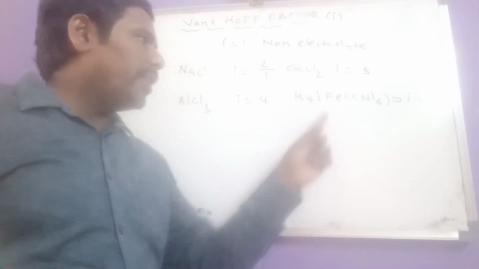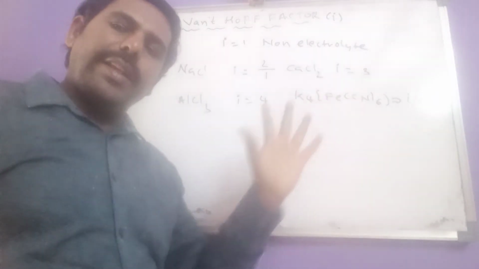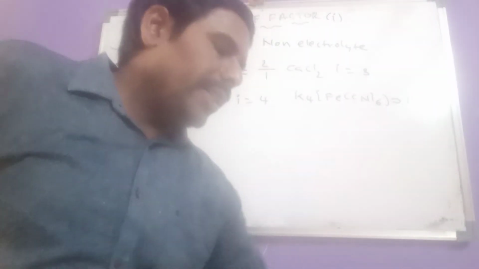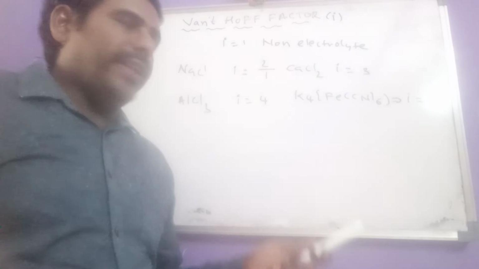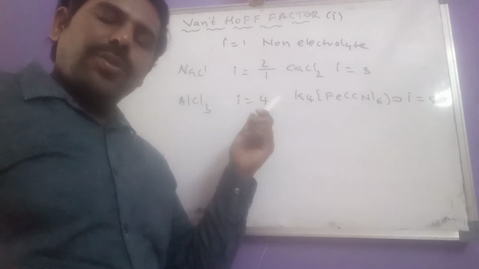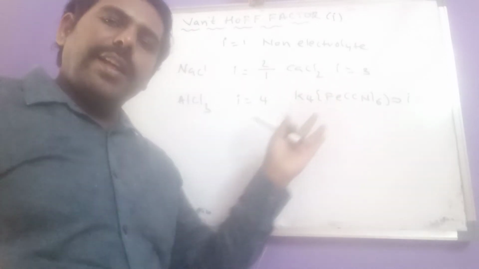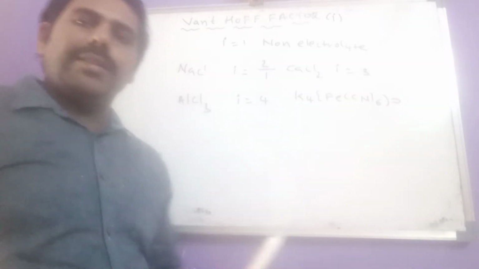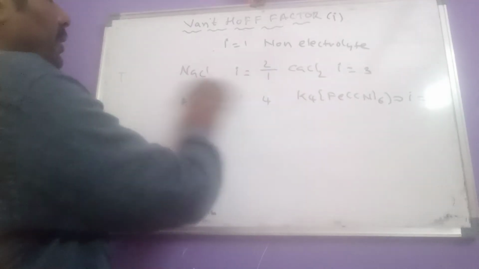What is the answer? K4[Fe(CN)6]. So like that, for strong electrolytes like CaCl2 and NaCl, we have to determine the i value like this.